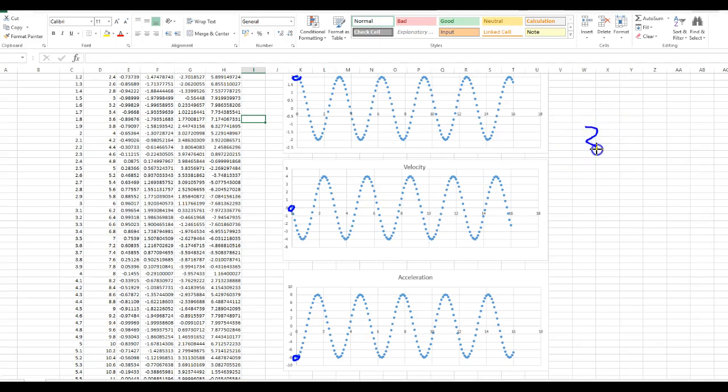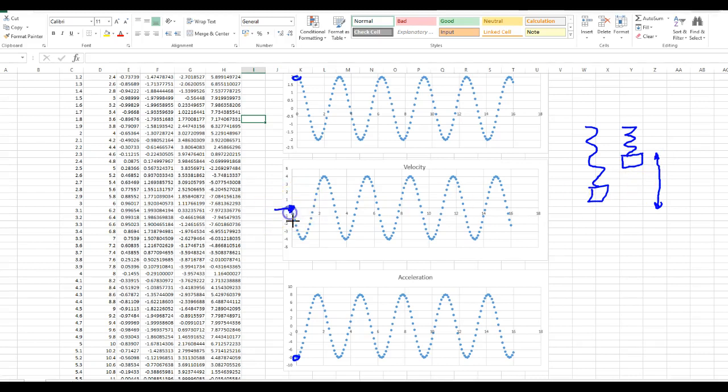So if we have our little spring here, and here's the mass at the bottom of it, it is now compressed, and it's at its maximum displacement upwards. And just for a fraction of a second, pretty much infinitesimally small time, it is stood still.